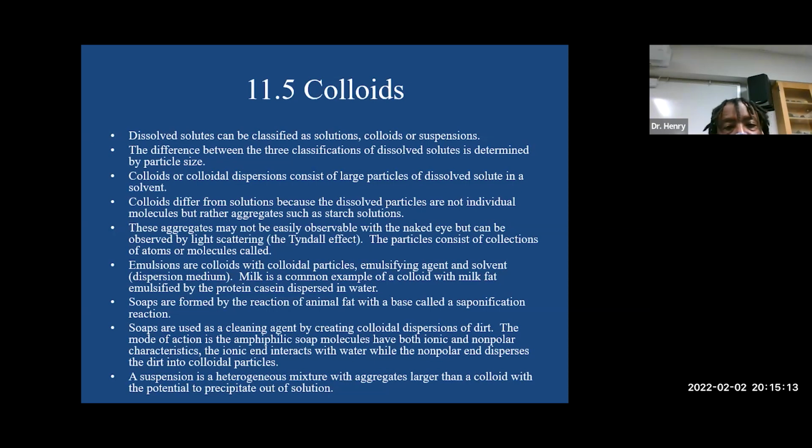The difference between the three classifications is the dissolved solute, which is determined by particle size. Colloids, or colloidal dispersions, consist of larger particles dissolved in the solvent. Colloids differ from solutions because the dissolved particles are not individual molecules, but rather aggregates.